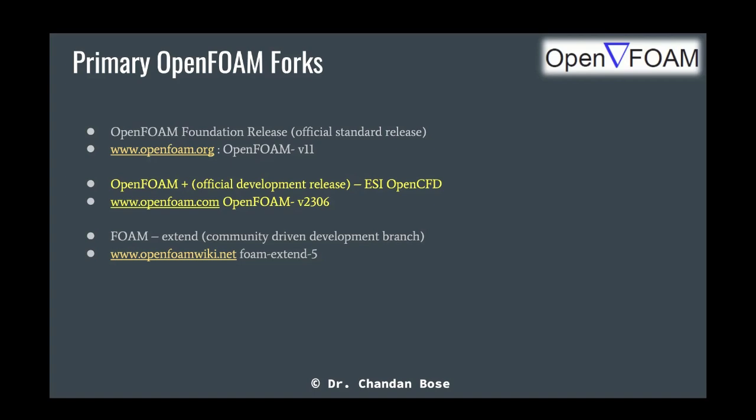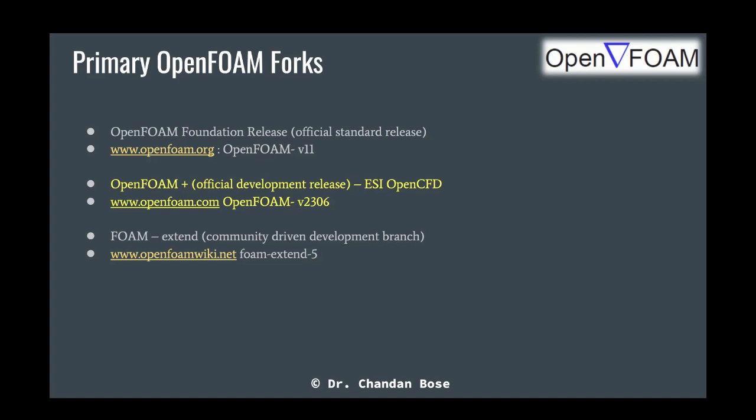Okay. Now the backdated thing: the recent version of openfoam.org is version 11. And what does this 11 mean? Every year they release a new version and they just add 1 to the number. So the current version is version 11.